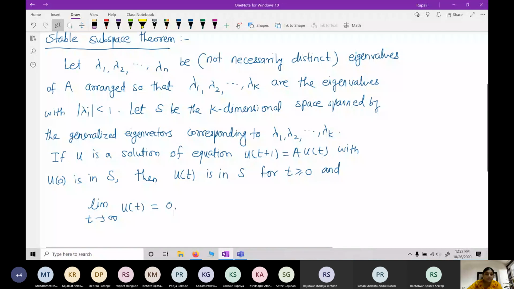Now if u is a solution of u at t plus 1 equal to A times u at t with the initial point in S, then we have to prove that u of t is in S and the limit as t tends to infinity of u of t is equal to 0. Is that okay, the statement? Yes, ma'am. Students, are you there? Yes, ma'am.